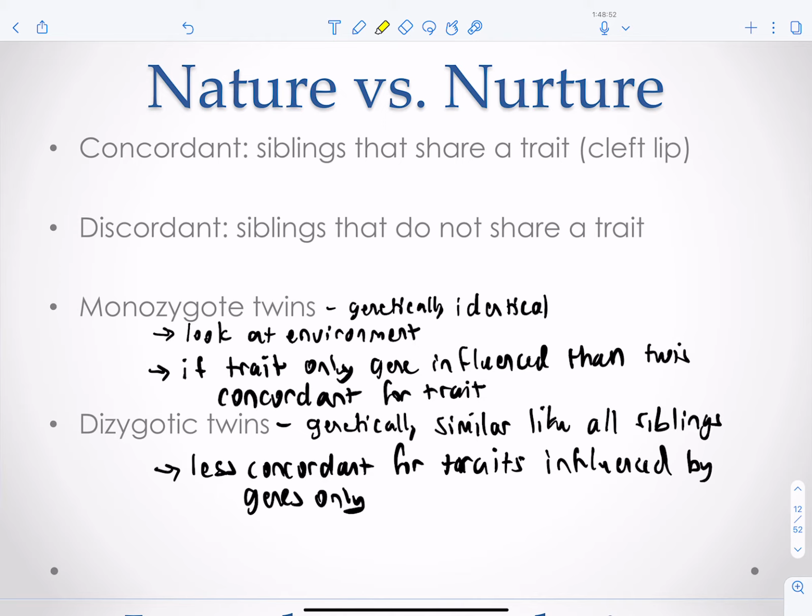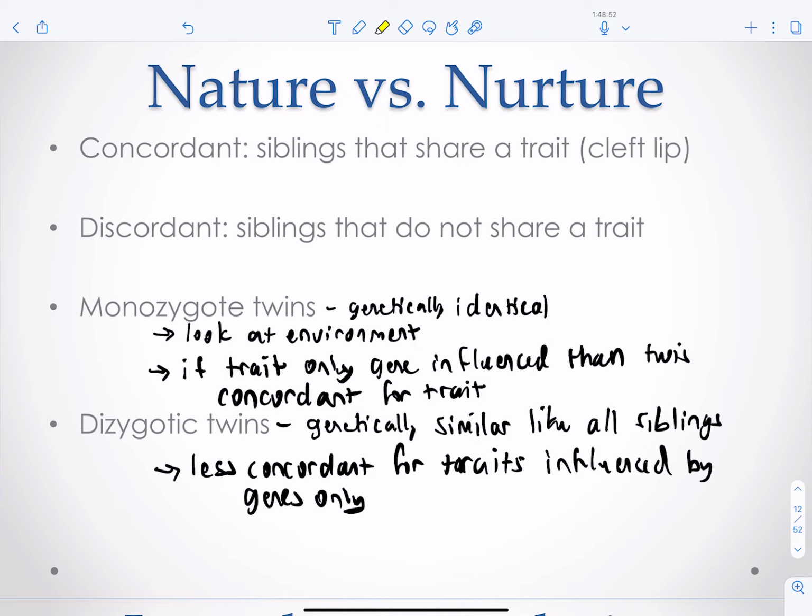The reason to study twins is because monozygotic twins are, in theory, genetically identical except for in their immune system. And so by studying monozygotic twins, especially ones that are reared together or ones that are reared apart, you can really look at environment. You can also look at whether there is more influence by environment or more by genes. So the higher the concordance of monozygotic twins, the higher the probability that it's genetic.